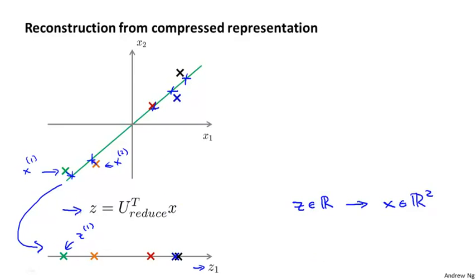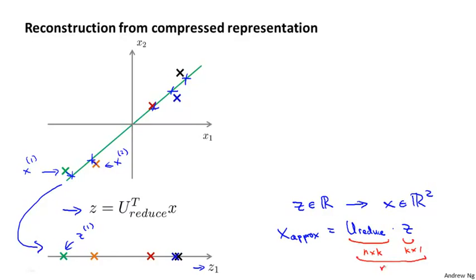So whereas Z equals U reduce transpose X, if you want to go in the opposite direction, the equation for that is we're going to write X approx equals U reduce times Z. And again, just to check the dimensions, here U reduce is going to be an n by k dimensional matrix, Z is going to be a k by 1 dimensional vector.